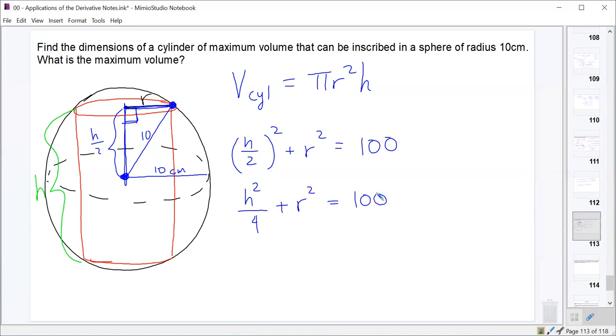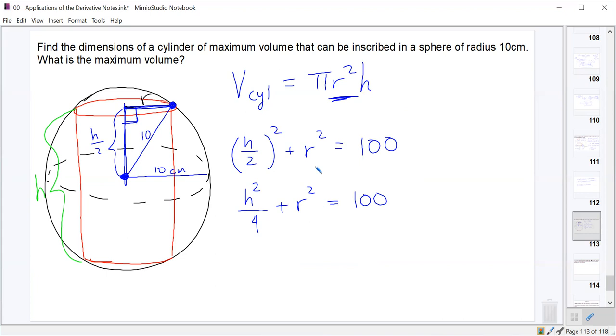We could either go ahead and solve this for h to plug in up here for the h, or, if we prefer, we might notice that we've already got an r squared up there.